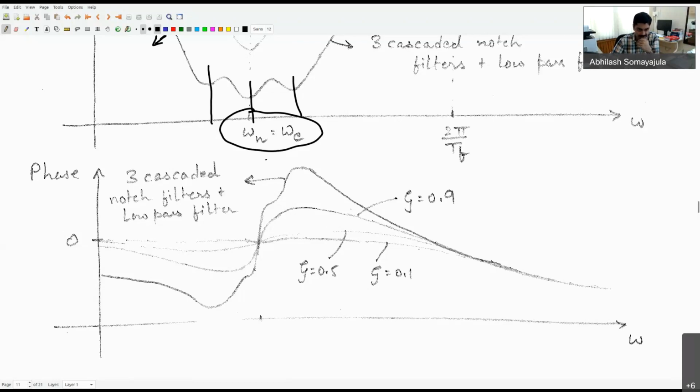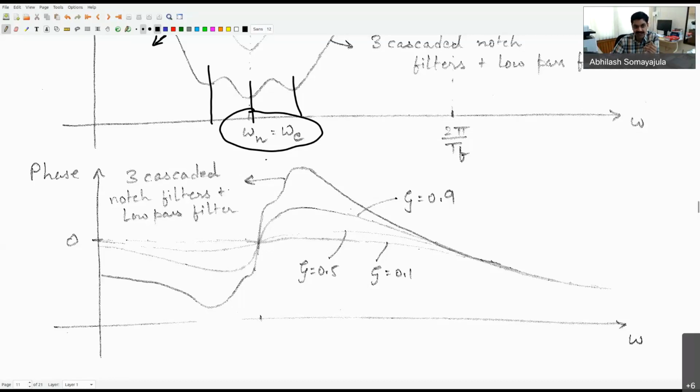We saw that the phase lag was in one direction only when we looked at the low pass filters. But here you will see that the phase shift is in opposite directions on the two sides. Frequencies less than the notch frequency have a phase lag, but frequency components to the right of the notch frequency see a phase lead. The shift is in the opposite direction.